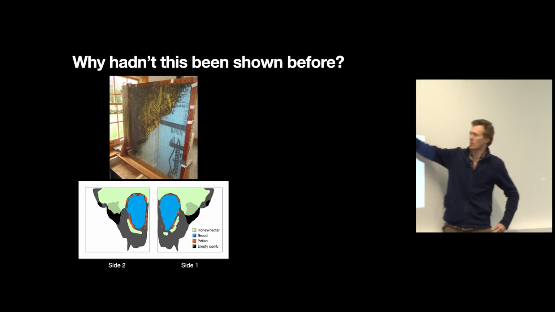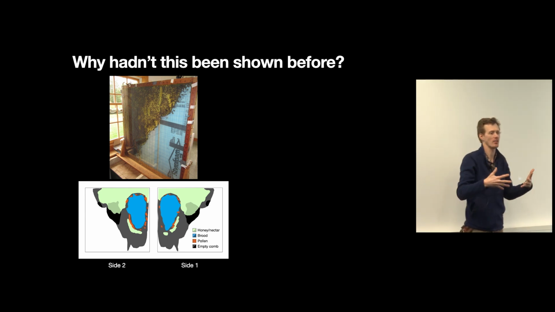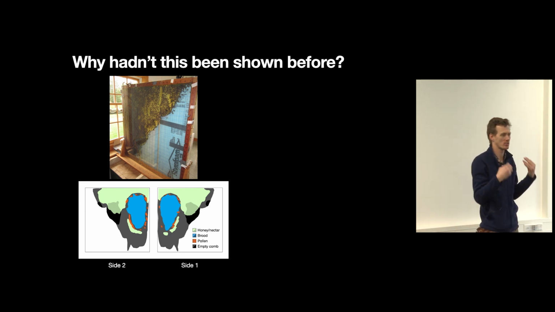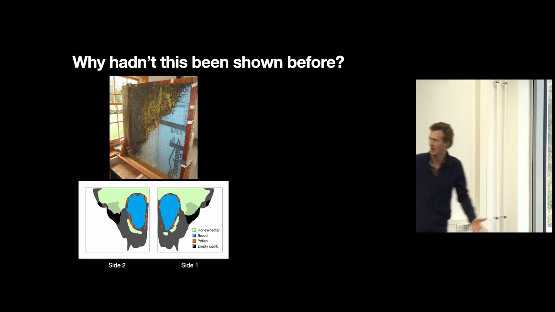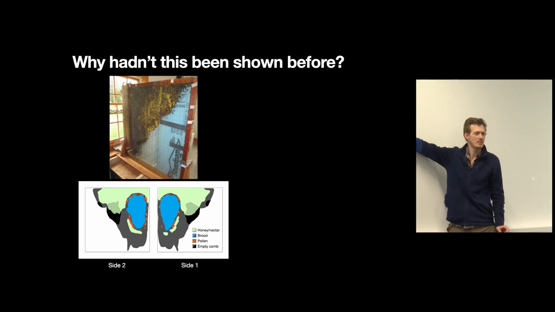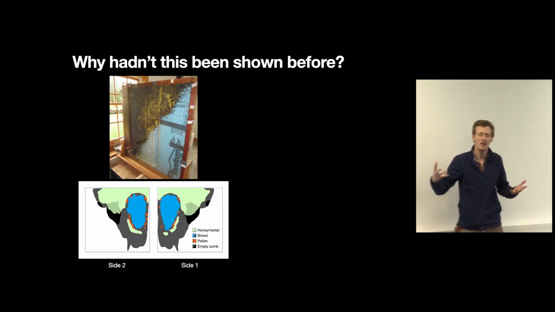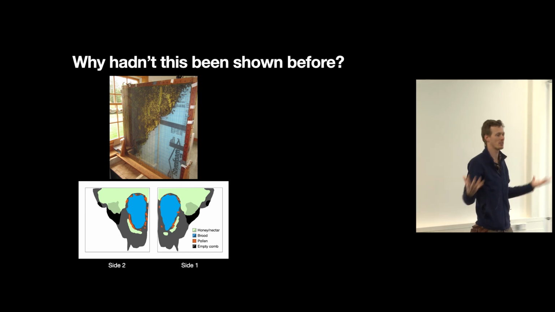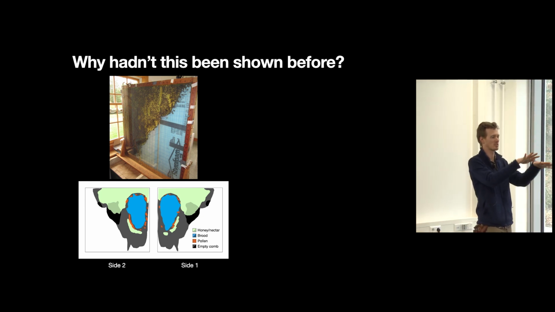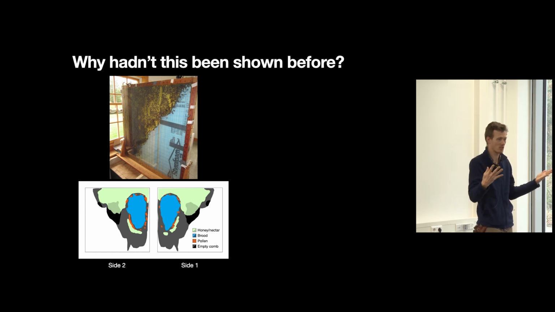By this project, I mean sitting down and saying, I'm going to look at these colonies over time and trace out the nest contents. This is a heck of a lot of work, and it's not something that people typically do. I think that was a unique data set. And the second part was to actually sit down and look at the data in their entirety, looking at both sides of the nest next to each other. Because if you didn't look at the 2 sides, then you weren't going to notice the symmetry.